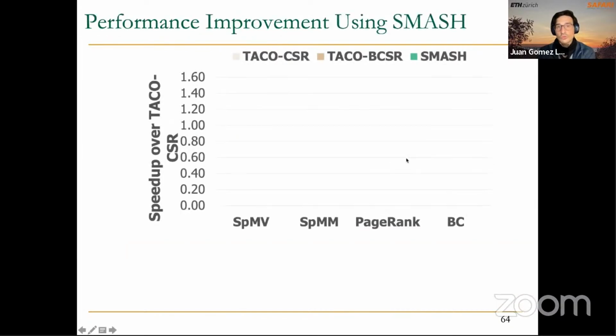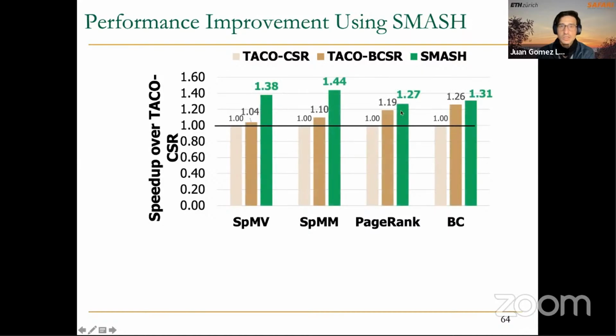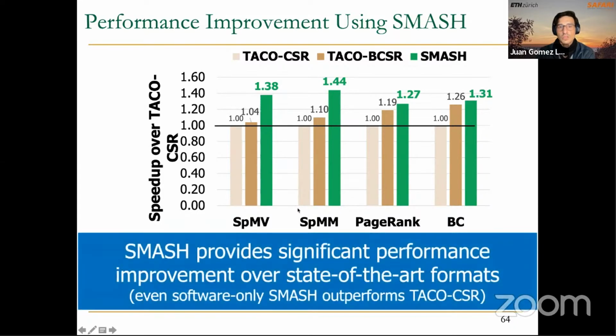And actually, you can also find interesting evaluation results. Here you can already see some speedups that SMASH provides with respect to the other two formats, CSR and BCSR, up to 44% performance improvement with respect to the CSR representation. So significant performance improvement over state-of-the-art formats.